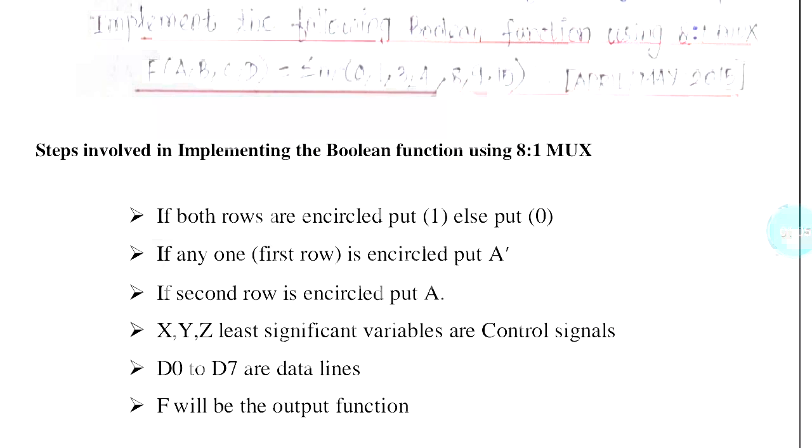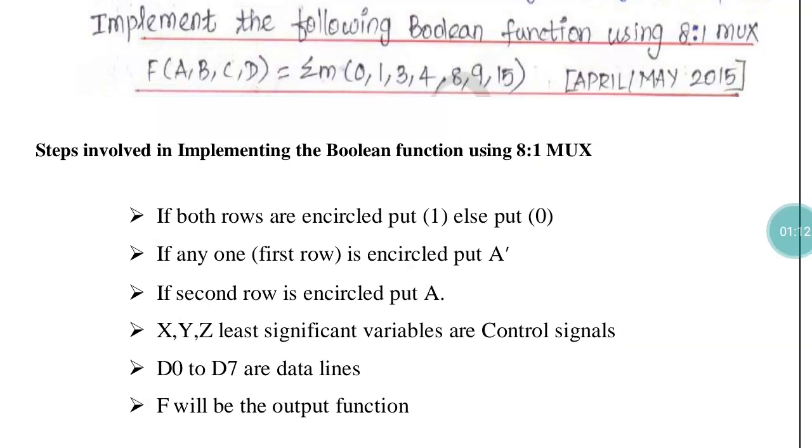The given function has four variables, but the given multiplexer has only 3 variables. So we have to implement the 4 variable function in the 3 variable multiplexer. So how can we do that? Let us see.